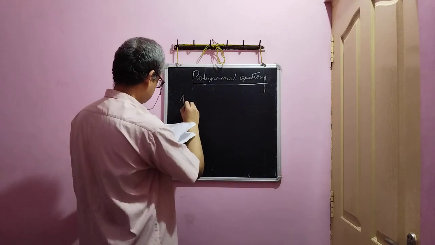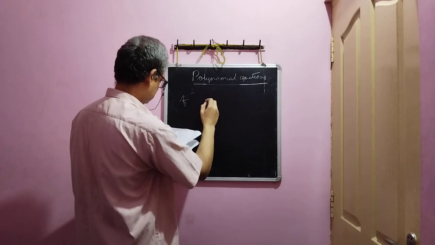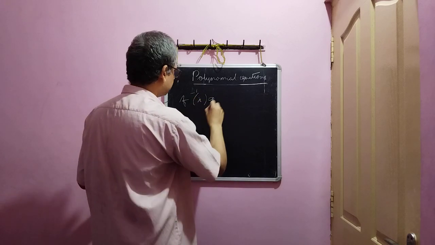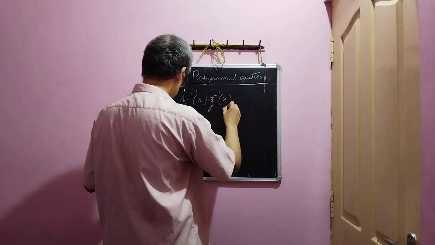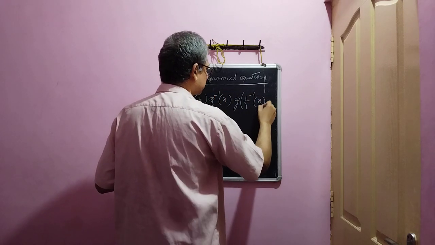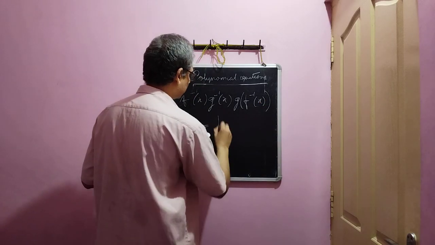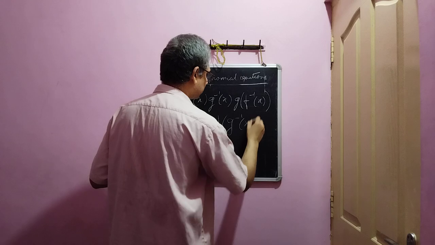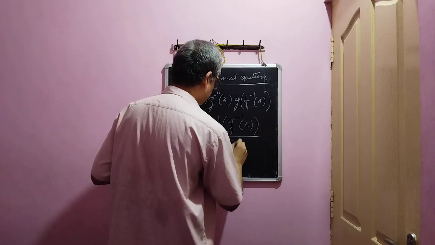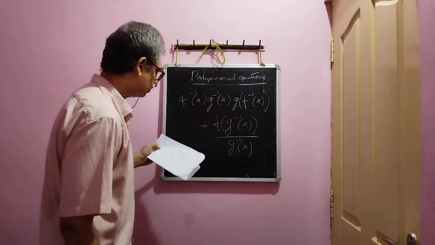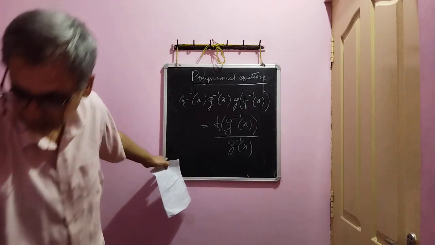This gives f inverse of x times g inverse of x times g of f inverse of x equal to f of g inverse of x over g inverse of x.